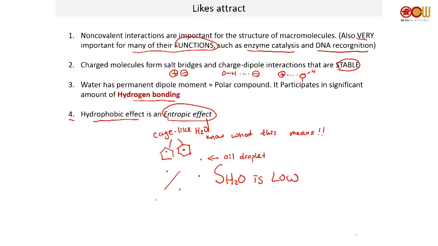And remember, if you then bring all the oil droplets together and form a ginormous oil droplet, then you minimize the surface area between water and the oil. So the entropy of water is less low, so the delta S actually increases. So this is the hydrophobic effect.